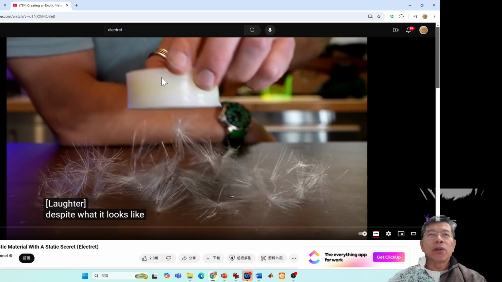Then during the cooling process, the wax becomes solid. And because he applies a strong electric field, the polar object is polarized into a permanent dipole and accumulates surface bound charge on both sides. So this piece of material works as a permanent dipole moment.